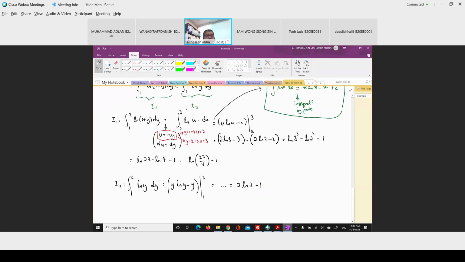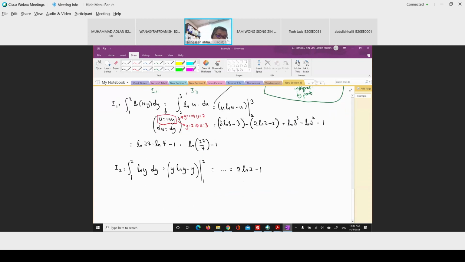So therefore, I is equal to I1 minus I2. 2 ln 2 is the same as ln 4, right? So I1 is ln 27 over 4 minus 1, and I2 is ln 4 minus 1.